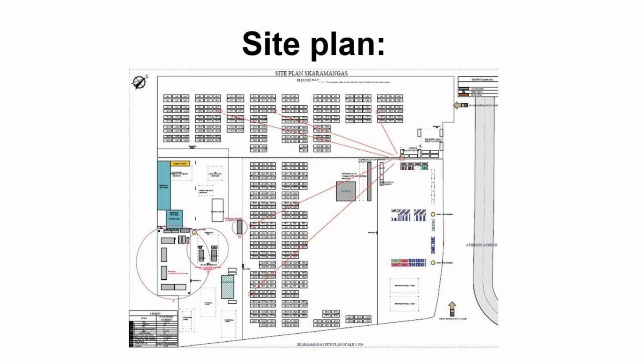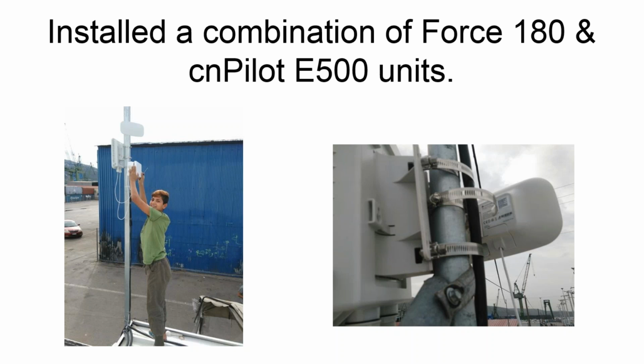So you can see where the lines go. They all terminate in different locations, and the little rectangles are basically the small prefab units that you saw in the previous slide. So in the central point, from the wired router, we put in 2 Force 180 devices, one pointing up to the right, to your 10 to 12 o'clock, those 3 locations, and another one pointing down, anything from the 8 to the 7 o'clock area, to connect to the respective nodes in the camps.